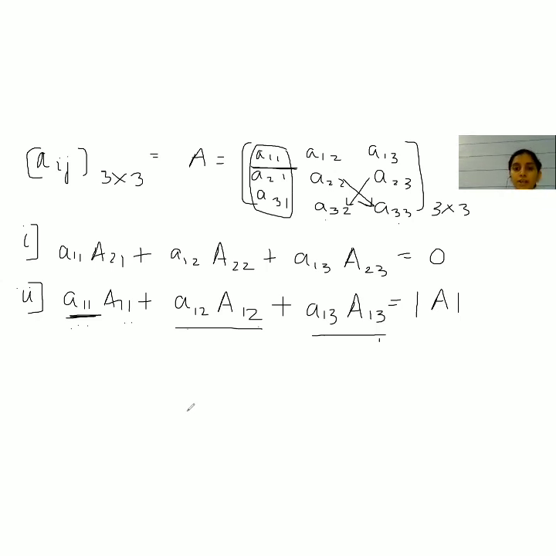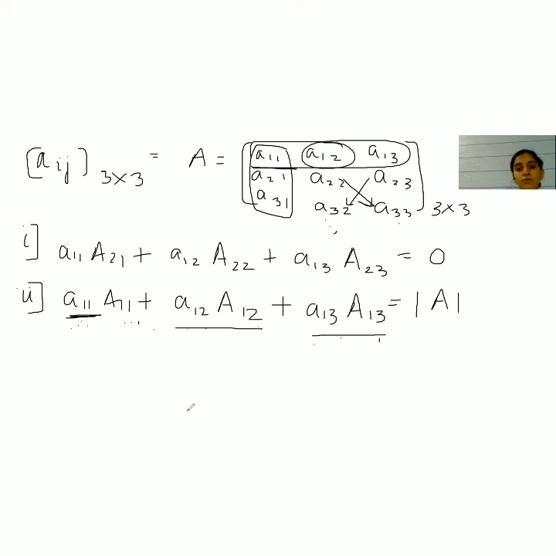That is how you find the determinant of A. In a similar way, A11 is multiplied by the cofactor of A11, which is hiding the first row and first column. Plus A12, the second term, multiplied by its own cofactor, so again hiding the first row and second column. And the last one, again adding it with A13 and its own cofactor. When you do this, it is similar to finding the determinant of A.